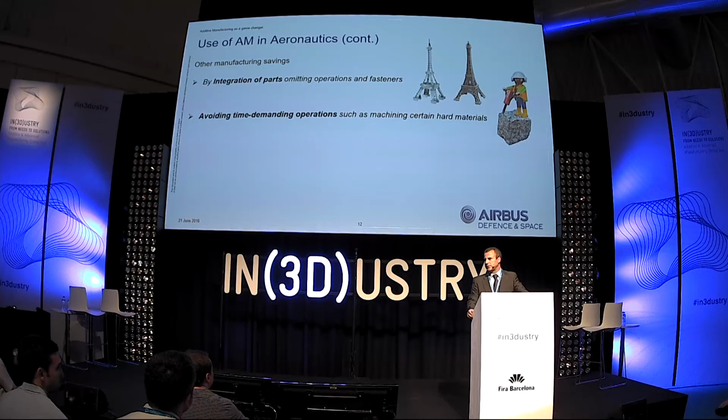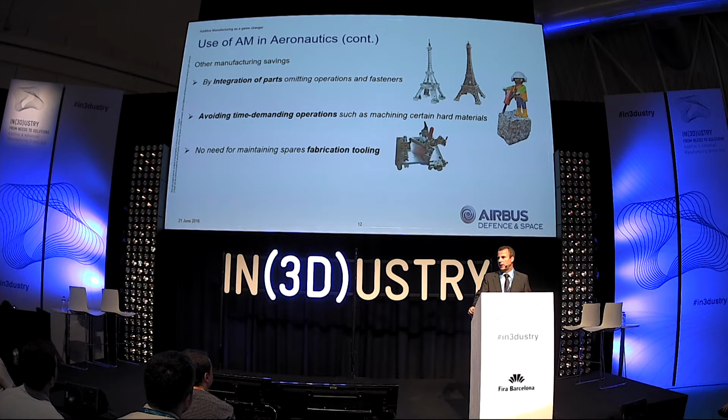Normally, the construction of structures has to do with drilling, fastening, and so on. So with a middle-sized part fabricated by angles and so on, a possible saving is just to integrate it in one unique part. Another saving has to do with the materials, because some materials are so hard that the machining, for instance, is quite energy and time demanding.